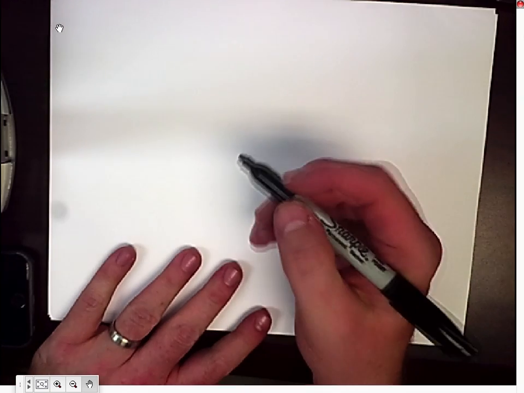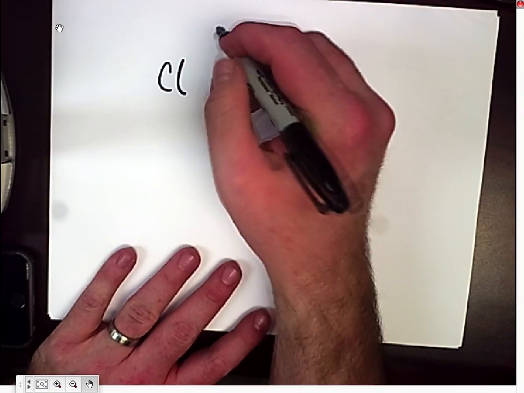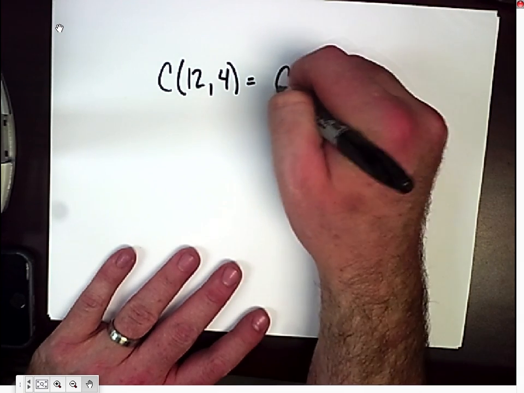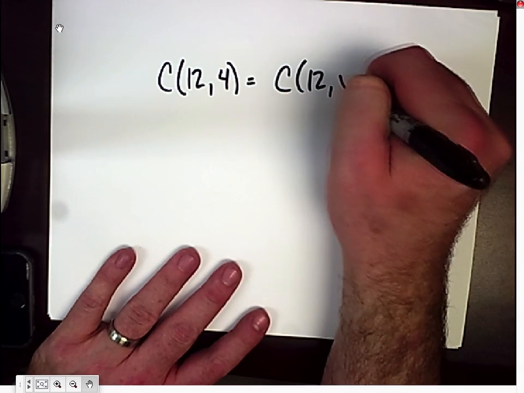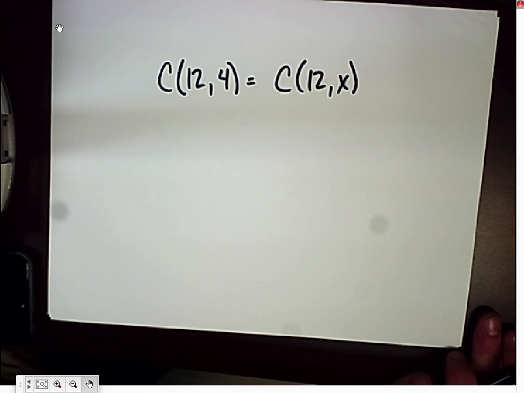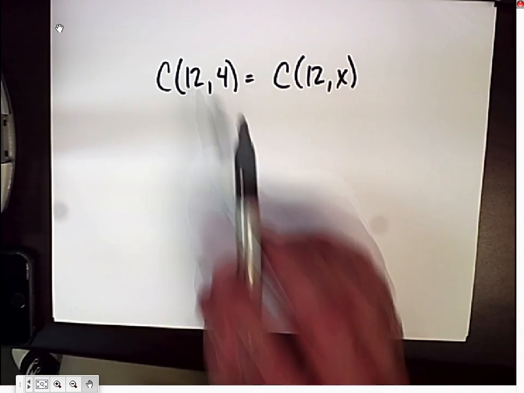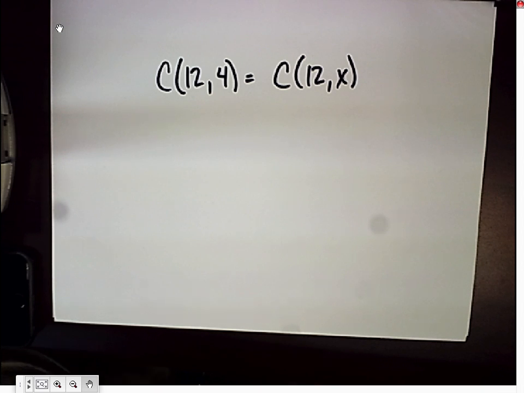So, what if I said this? Without having to do the math, this is saying a combination. How many choices do I have? 12.